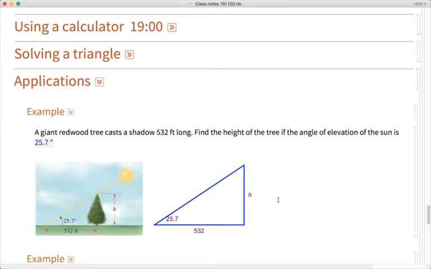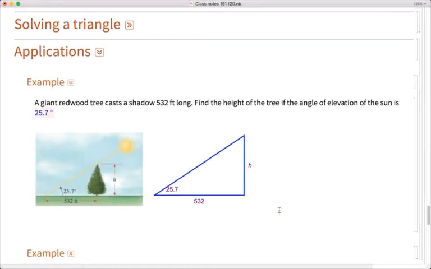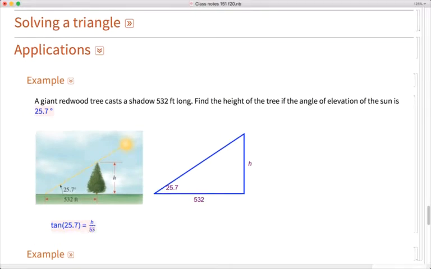So we'd like to find some trig ratio that identifies h along with the information that we've been given. When we look at this acute angle, its opposite side and its adjacent side are involved in the information that we have. That suggests the tangent of 25.7 is h over 532.